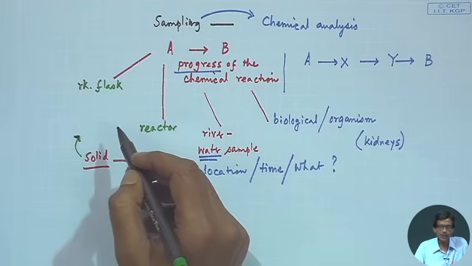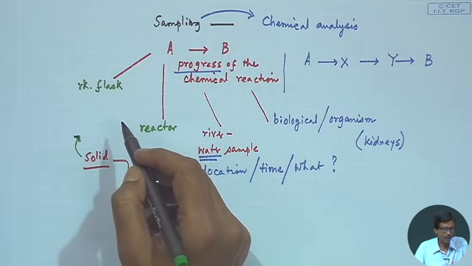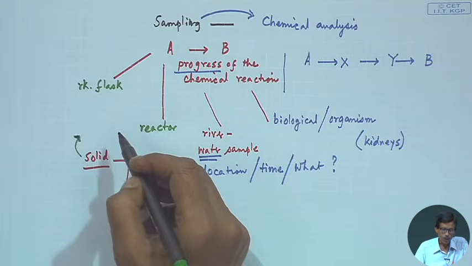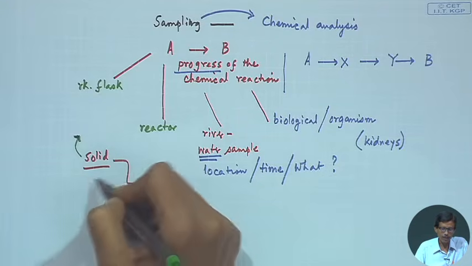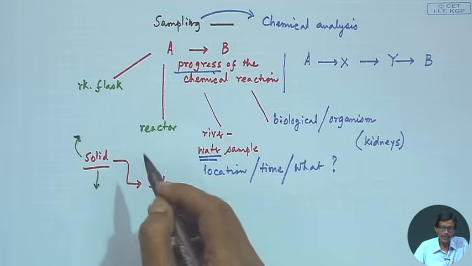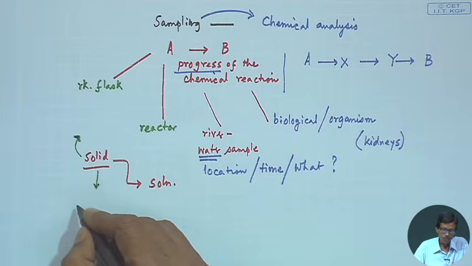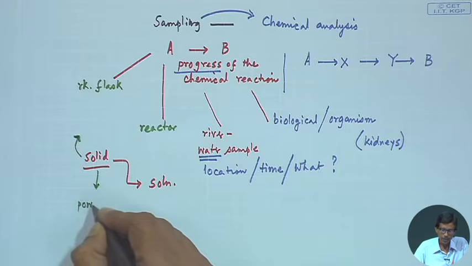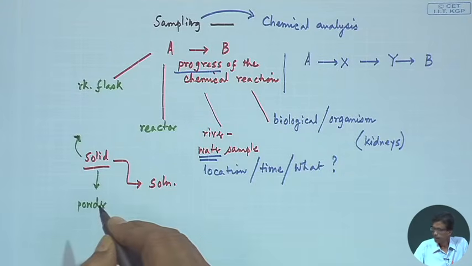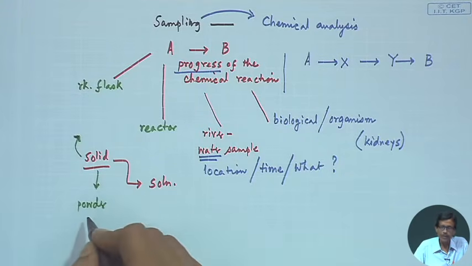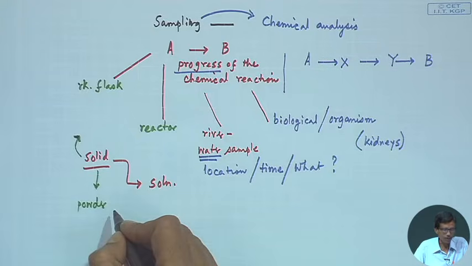So, to bring homogeneity into this particular sample, how to make it homogeneous? We convert this solid sample of different sizes to a powdered sample. So, making this a powdered sample is important.